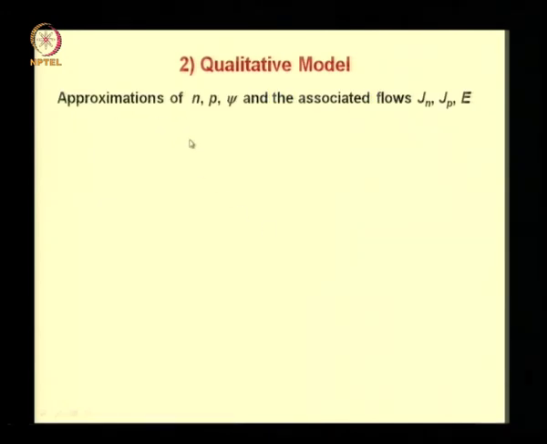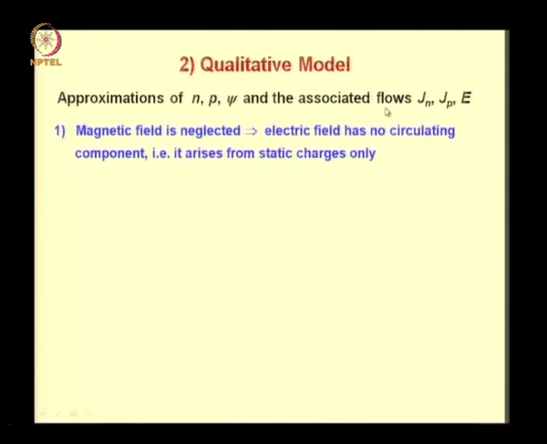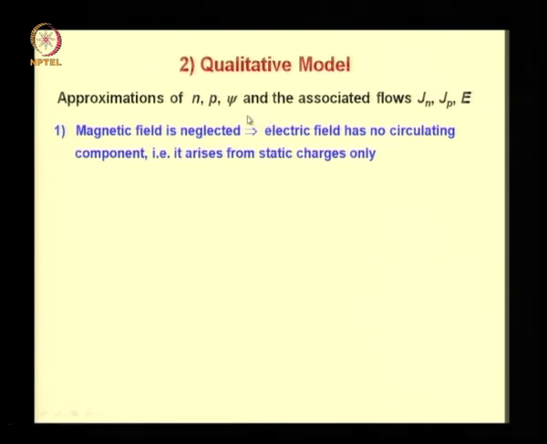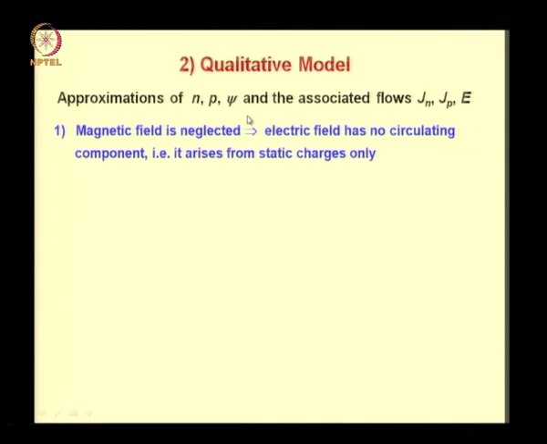Now let us look at approximations of n, p, psi and the associated flows Jn, Jp and E. These approximations are repeated from an earlier discussion of carrier transport in module number 3. So the first approximation is that the magnetic field is neglected, implying that the electric field has no circulating component and it arises from static charges only.